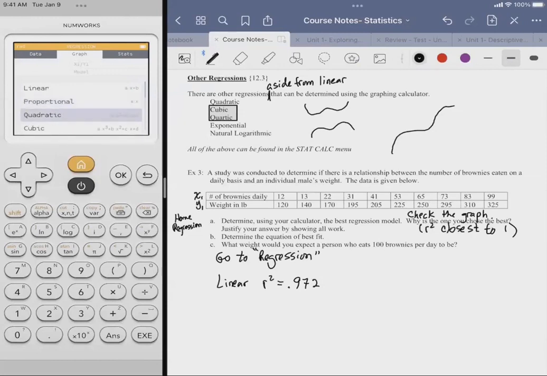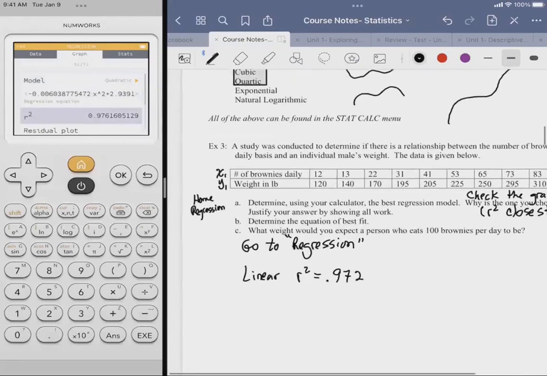But quadratic, I don't know, it seems like it might fit a little bit better, but I'm not really 100% sure. So you select the model that you're interested in, and then go back to regression, and it'll tell you the regression equation following that model, and then it'll give you the R squared value. Right now, we're only interested in the R squared.